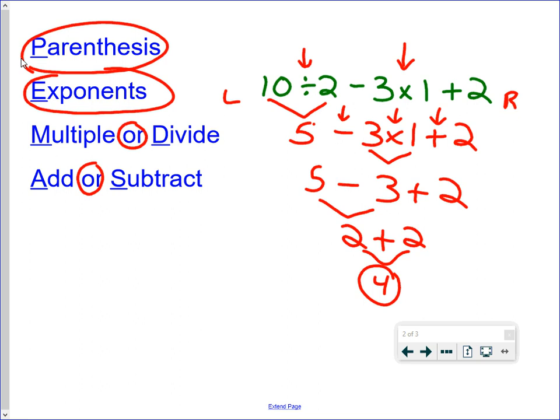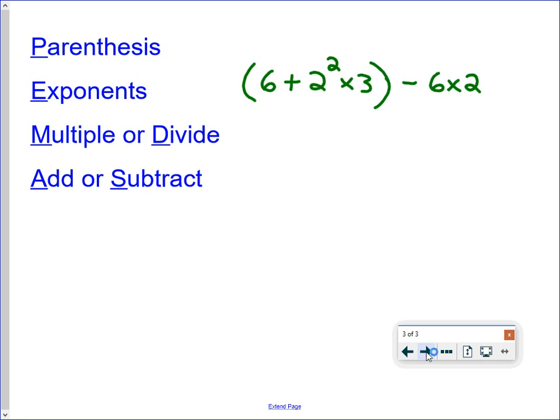Now let's try one with some parentheses and exponents. Alright, so what's first? Parentheses. So everything here must be done first. Okay, now we look within the parentheses. And we go back to the list.